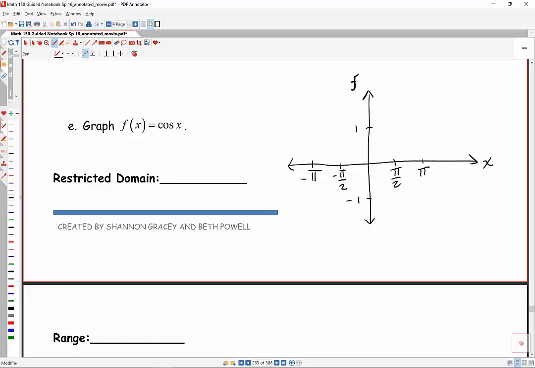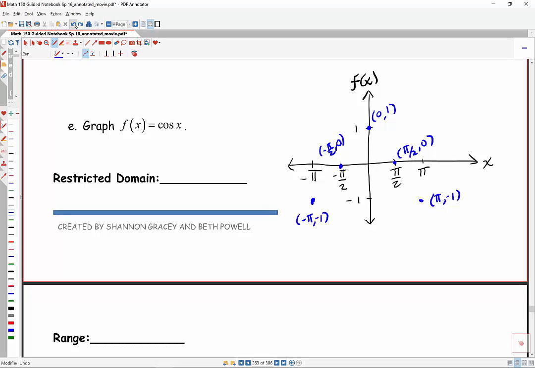The cosine function has an ordered pair at 0, 1, pi over 2, 0, pi, -1, and then negative pi over 2, 0, and negative pi is at -1.